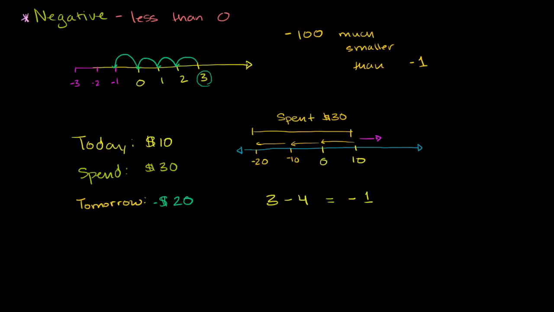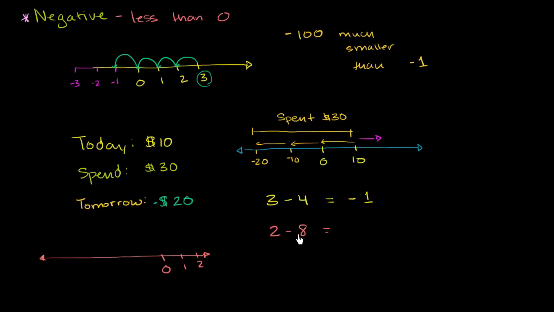Now let's do a couple more. Let's say I have 2 minus 8. And we'll think about more ways to do this in future videos. But once again, you just want to do the number line. You have a 0 here. Let me draw the spacing a little bit. So we have 0 here. We're at 1, 2.